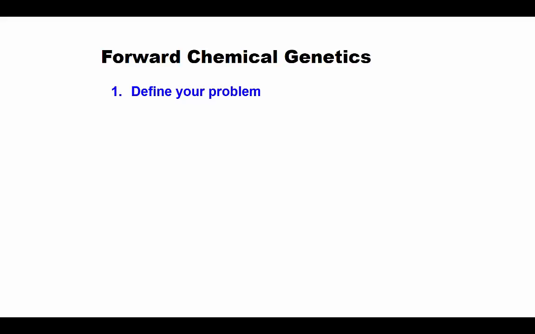Once you define the problem, the second step is you need to define or design your screening. Let's say if it's cancer, then maybe you can start with cancer cells, and cancer curing is your screening format. So this is the step of your phenotypic screening, the design step.